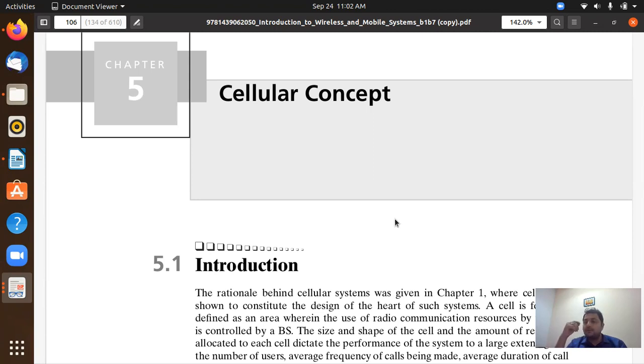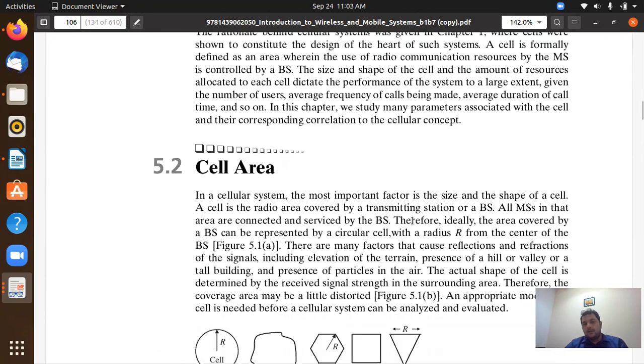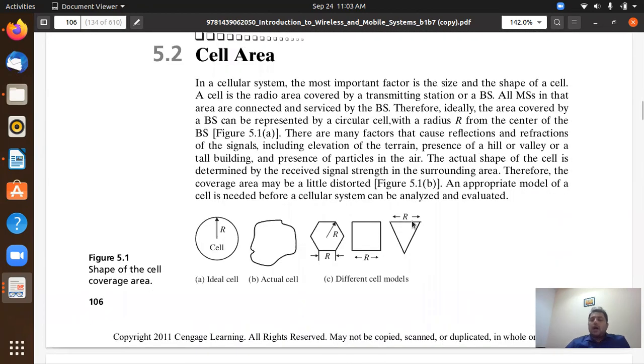There are several parameters which govern the design of the cells. First, we will see what the shape and size of the cell should be, the cell area. Ideally, to govern the mobile stations, we have a transceiver as a base station right at the center, and the transceiver deals with the mobile station using signals.